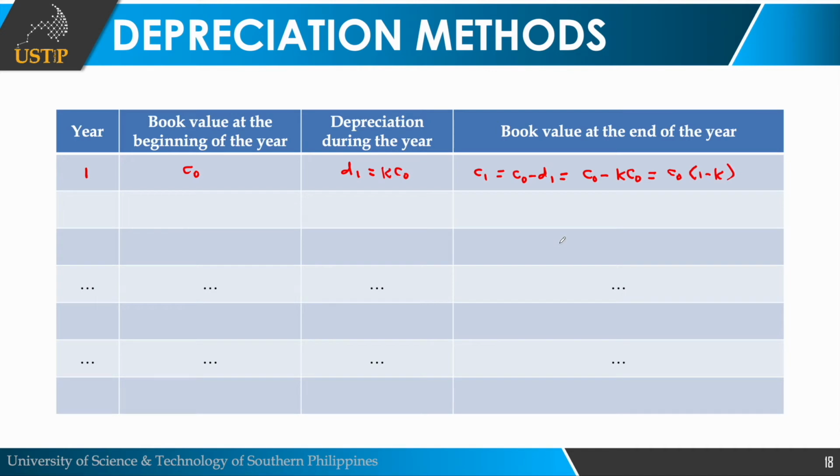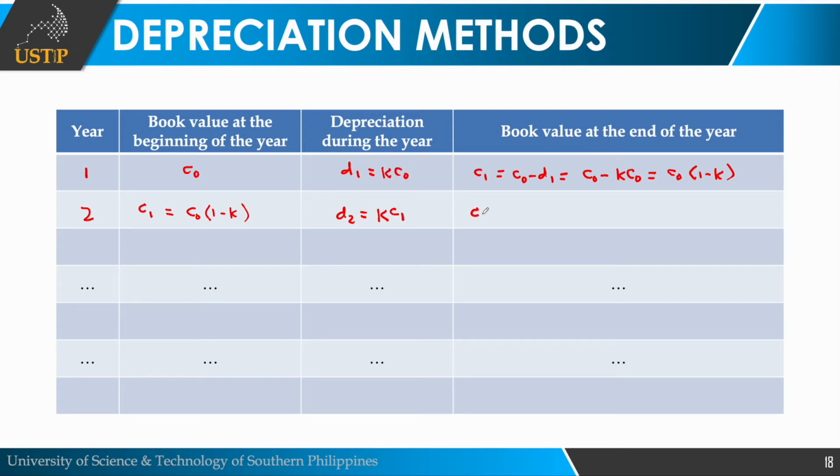Right? Now, the book value at the end of year 1, class, is also our value at the beginning of the second year. So, that is still C sub 1, and that is equal to your C sub O times (1 minus K). So, that means your D sub 2, your depreciation during that year, is K times C sub 1.